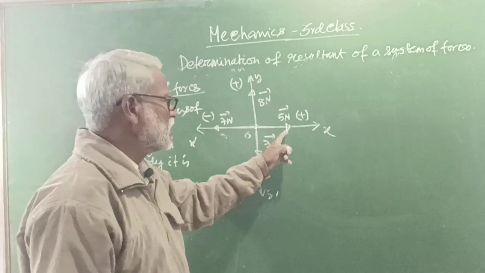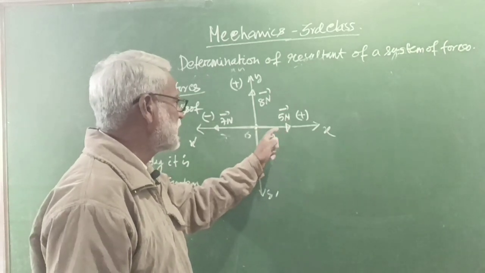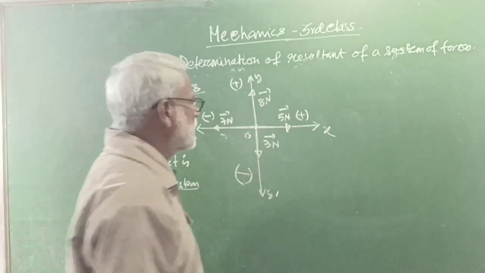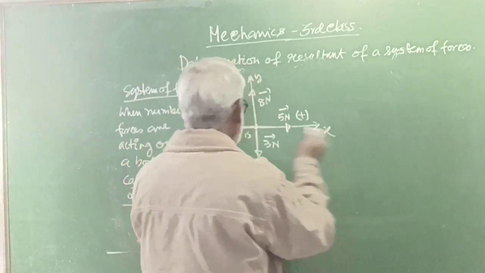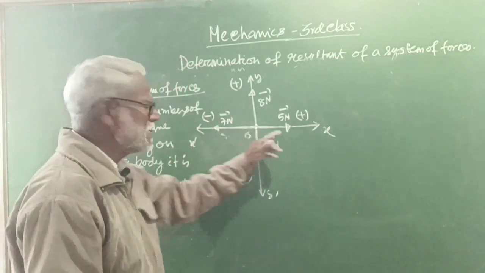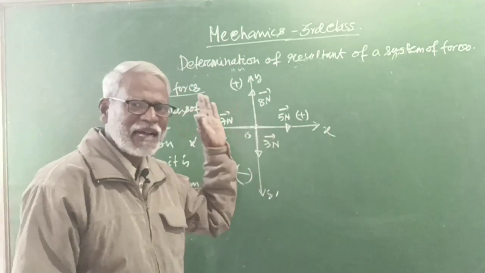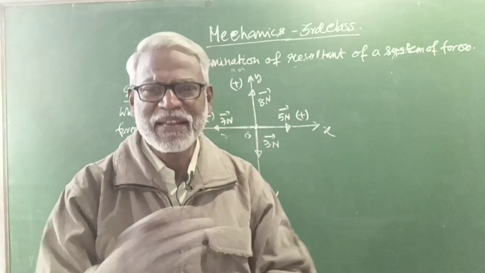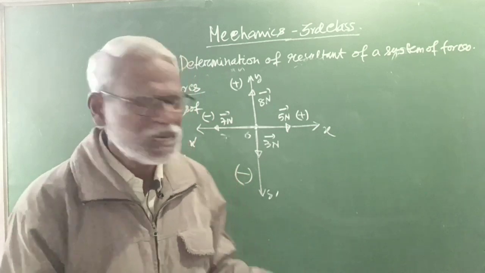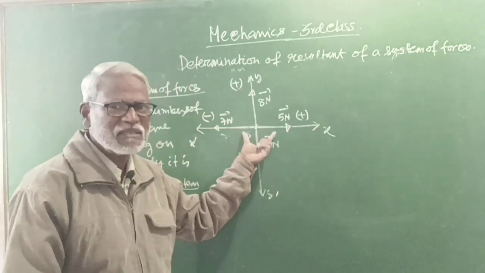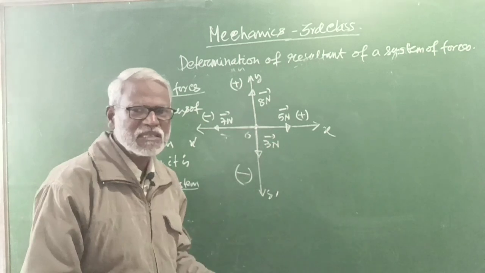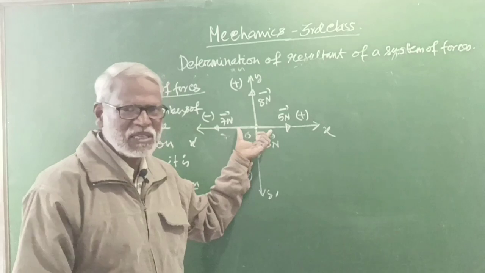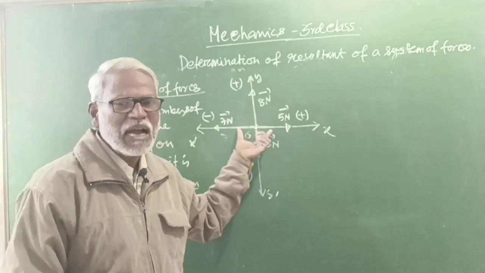First let us find the sum of the 2 forces acting along the x-axis. If there were only these 2 forces, their sum would be the resultant. But here the sum is not the resultant, because another 2 forces are acting along the y-axis. So we never take R for this addition of these 2 forces.